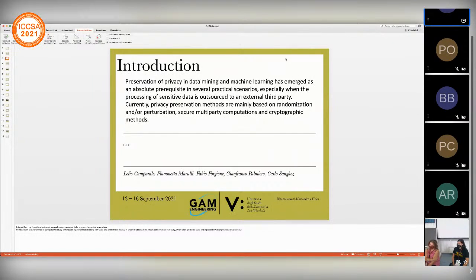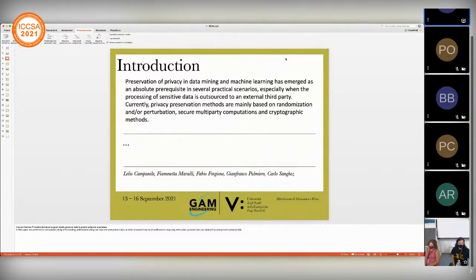Sometimes, especially when we talk about data mining and machine learning applications, one of the biggest issues is how to preserve the privacy of data. Sometimes it's not possible to share data with an external third party because of the sensitive information in the data set.